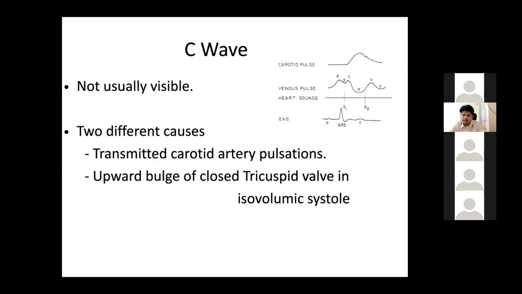Now, what happens in tricuspid regurgitation is the X descent. The absence of the X descent is an earliest feature of tricuspid regurgitation. You may not be able to appreciate it on a JVP, but the absence of the X descent is one of the earliest findings of tricuspid regurgitation. So, if in the image you remove the X descent, it becomes a CV wave.